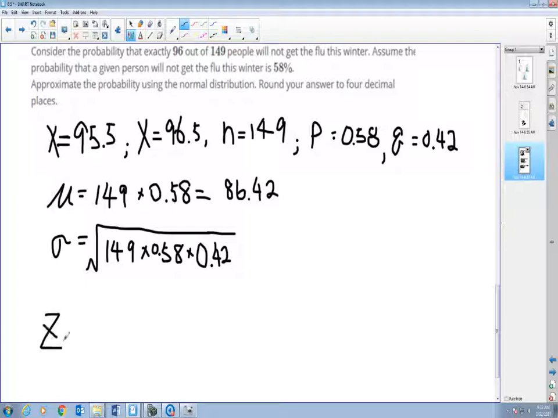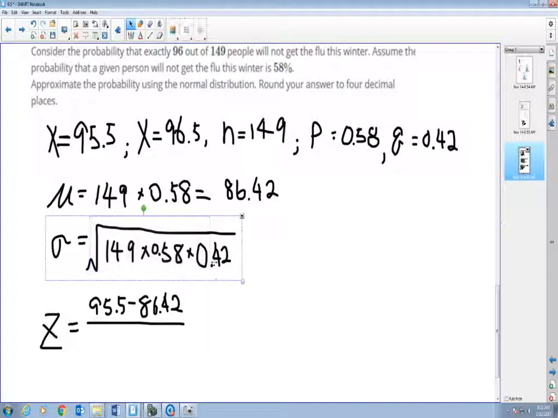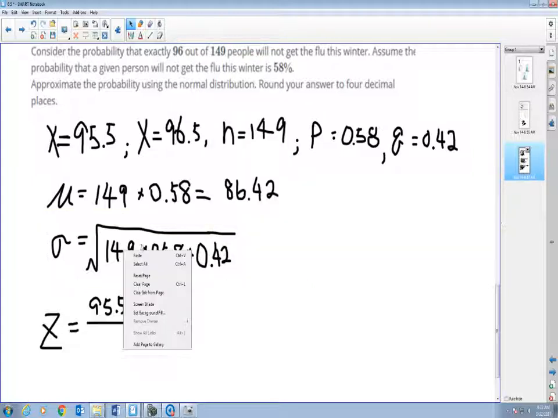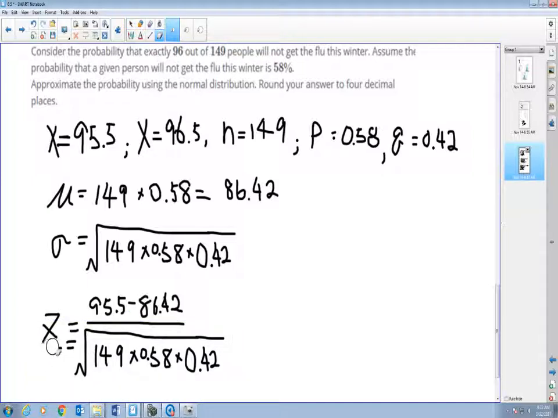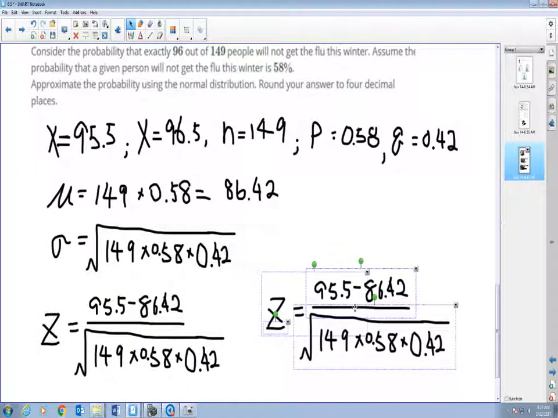So the z-score for 95.5 minus the mean, divided by the standard deviation, which is this big old thing right here. And then the other one will be the same thing, just using 96.5.